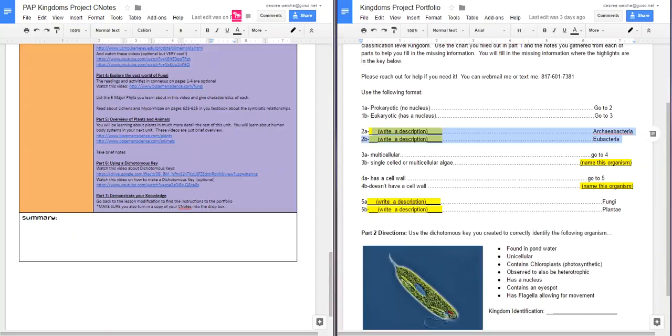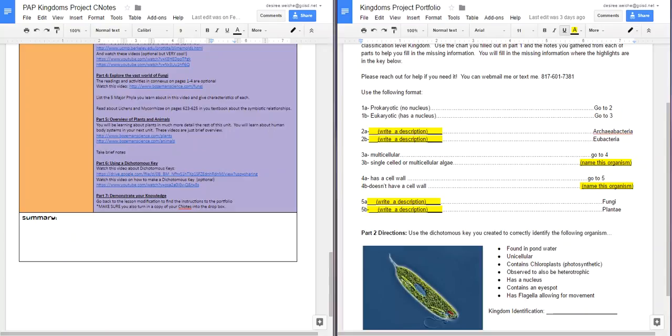Both Archaeobacteria and Eubacteria you'll find in your lesson are prokaryotic. So what you would write here is a description that would differentiate those two. For example, for Archaeobacteria, you could put lives in harsh environments, where Eubacteria is found everywhere. Okay, there's other ones.